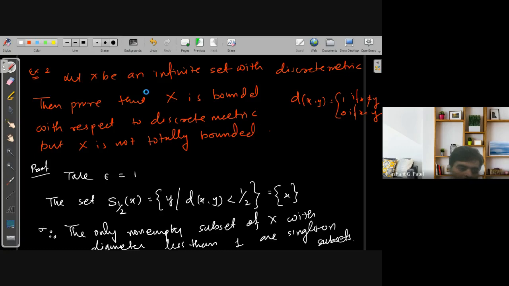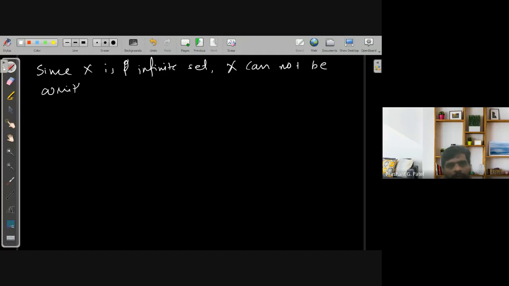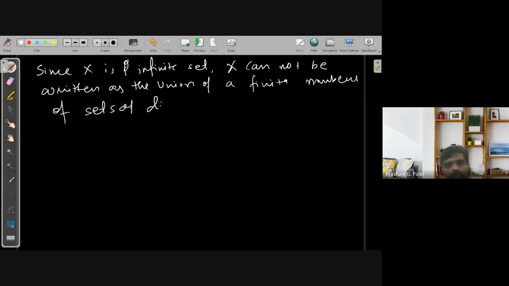So we can write, since X is infinite, because that is given, set X cannot be written as the union of a finite number of sets of diameter less than 1.